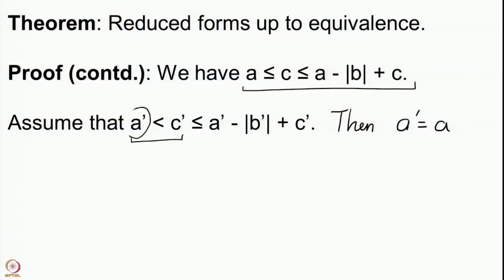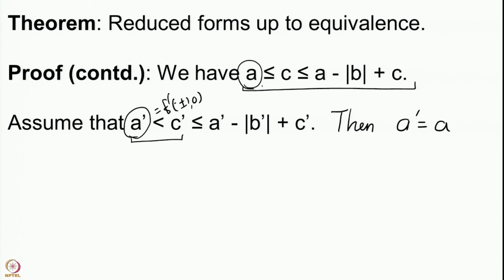The sets of integers represented properly by f and f prime are the same. Here a prime is the smallest integer represented properly by f prime, because this is nothing but f prime at plus minus 1 comma 0, and here a is the smallest integer represented by f.